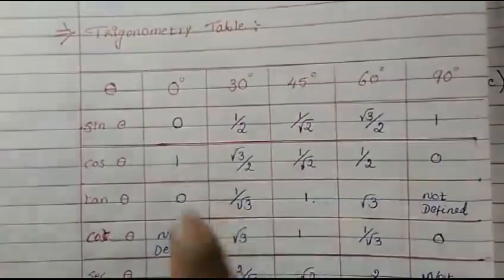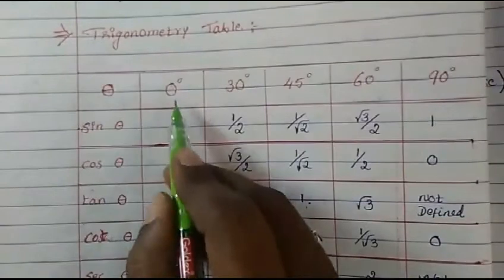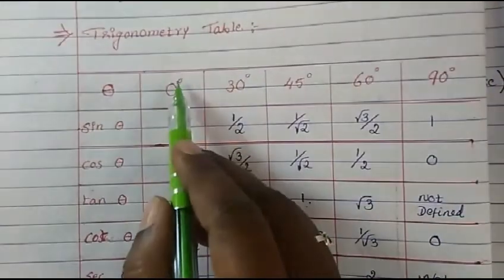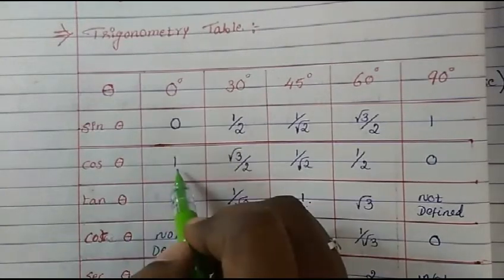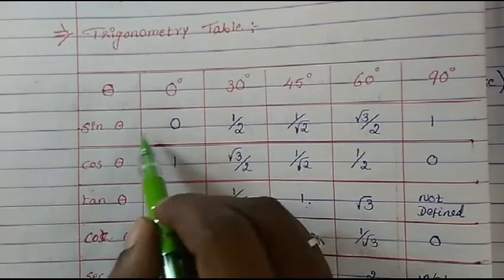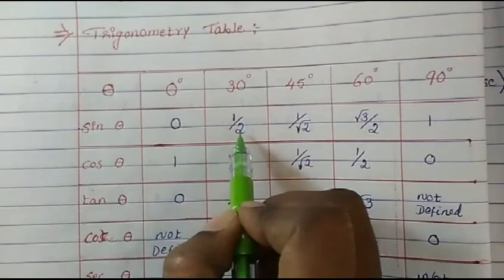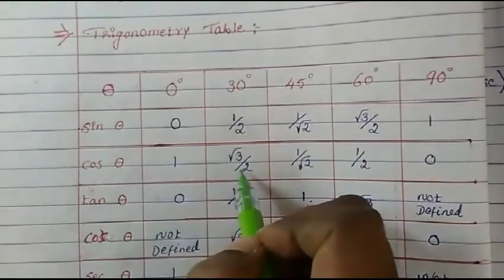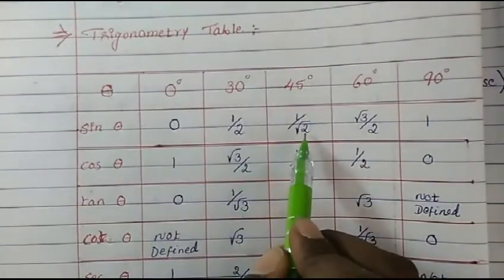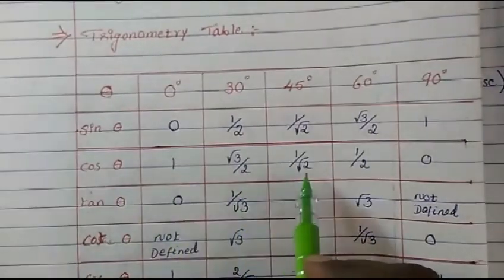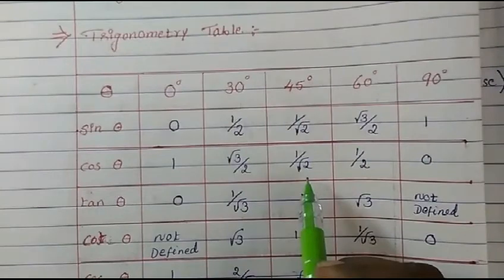Here you see the trigonometry table. Sine 0 degree value is 0, cos 0 degree value is 1. Then sine 30 degree value is 1 upon 2, but cos 30 degree value is root 3 upon 2. Now sine 45 degree value is 1 upon root 2, and cos 45 degree value is 1 upon root 2.